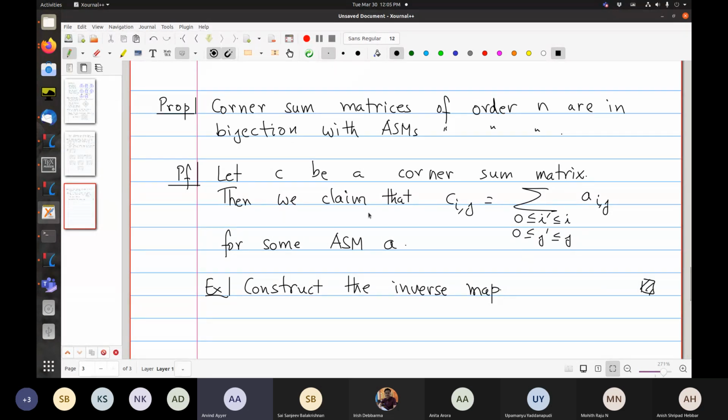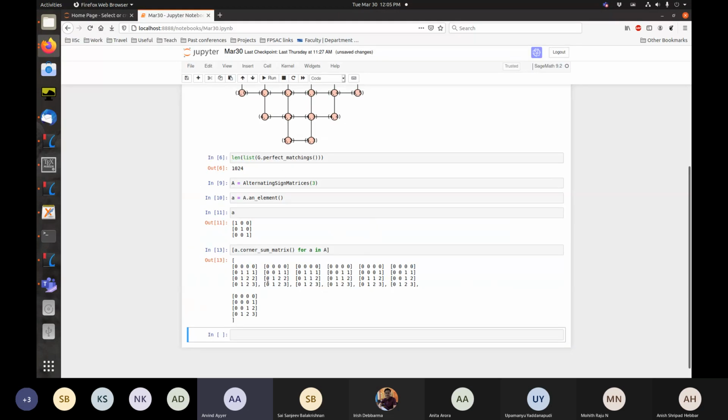Okay. So this is one class of objects which is related to ASMs.